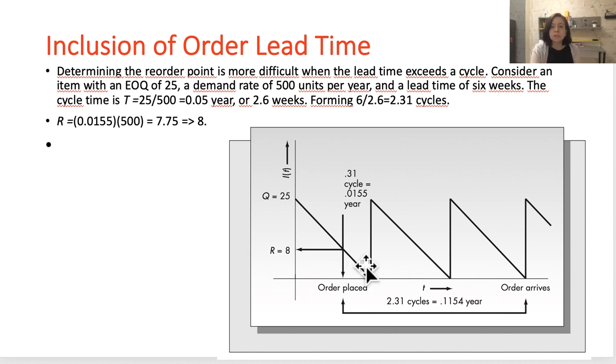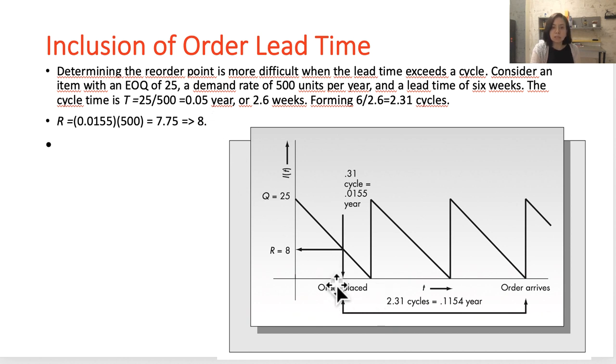So first, what we do is to divide our lead time, that is 6, with our cycle time, that is 2.6, and we obtain 2.31. Here we have 2.31 cycles. Here we have 2 cycles, so here the length is 0.31 cycles. Also, we know that each cycle is 0.05 year.